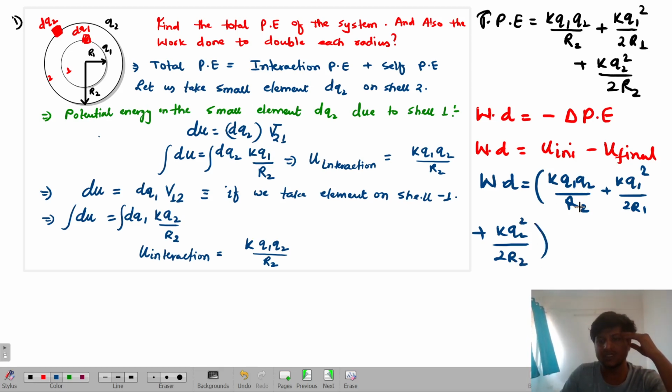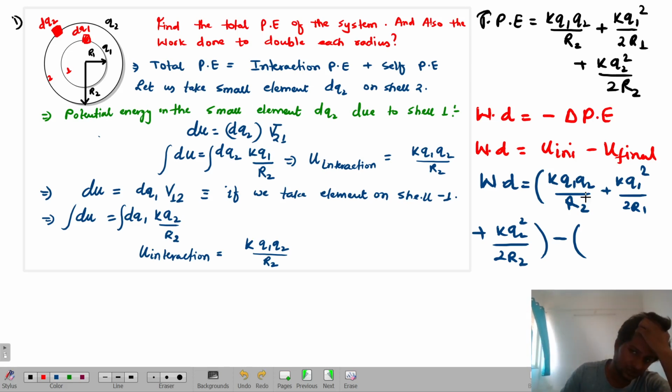This is U initial, I will directly write it like this. Now minus of U final, which is for twice the radius. Are you able to get me? Arre baba, change in potential energy is what? U final minus U initial. If you put minus over there, so just do not, just consider initial minus final. That will help you. Okay.